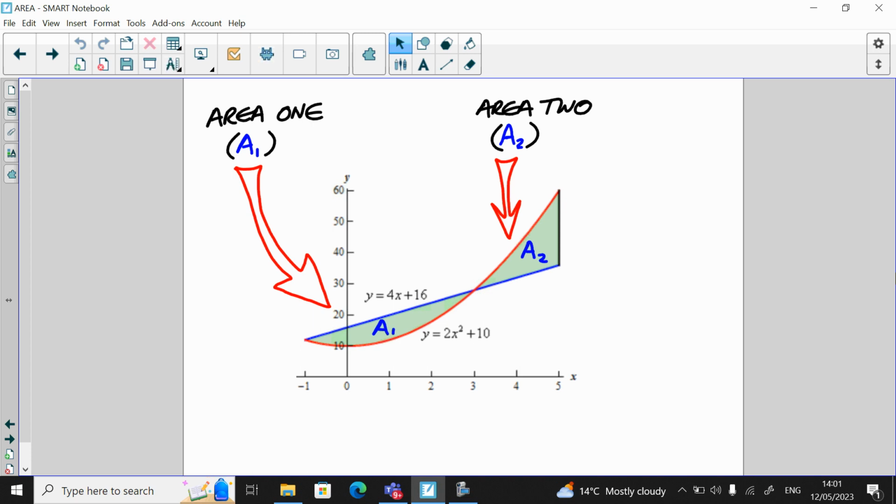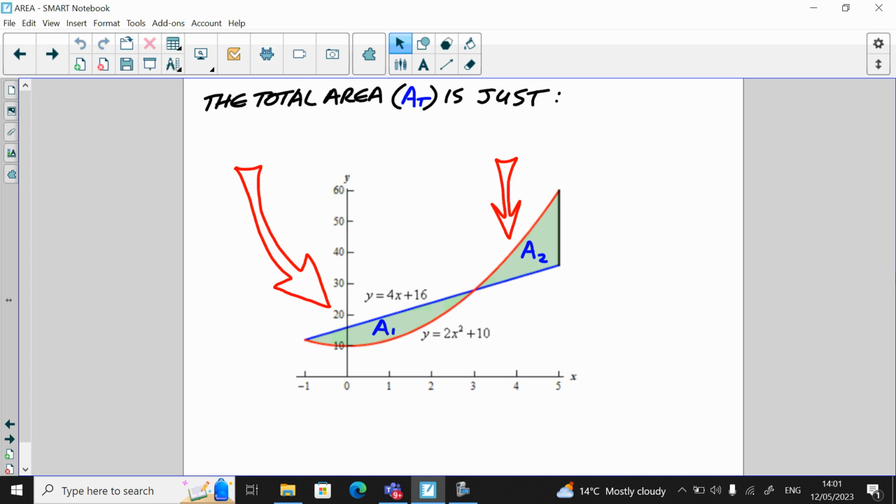Maybe sometimes if you're aware of that, it's okay, but we're going to have positive answers for both. And in order to get the total area, hopefully you can see that we'll just take the two of them and add them together. Okay, let's go for it.